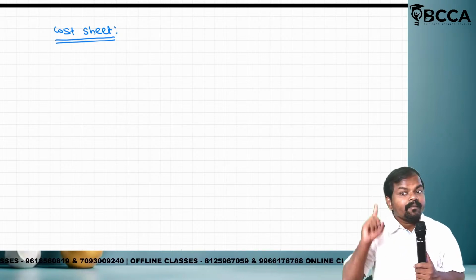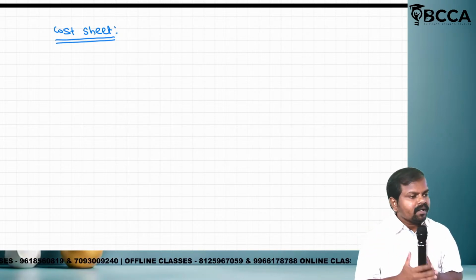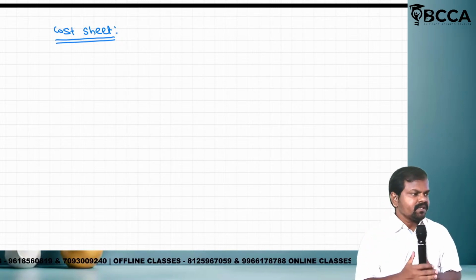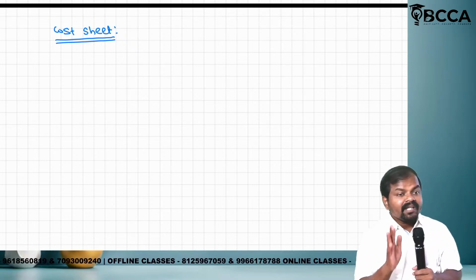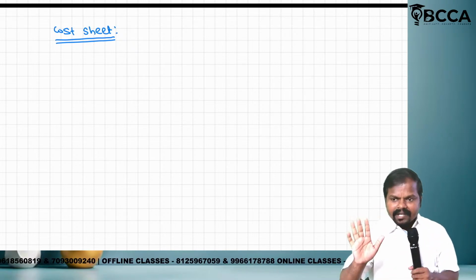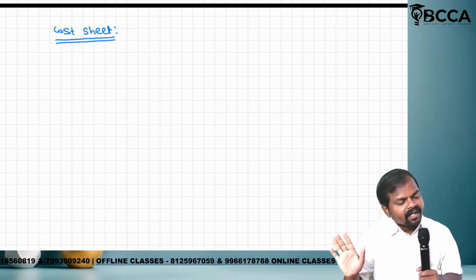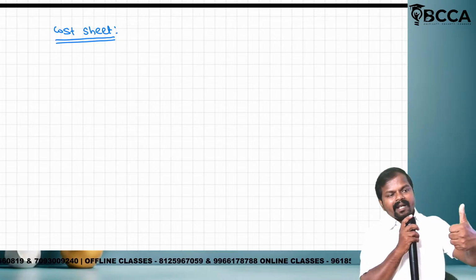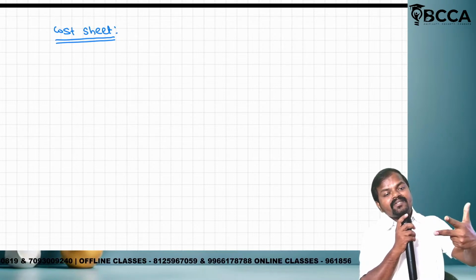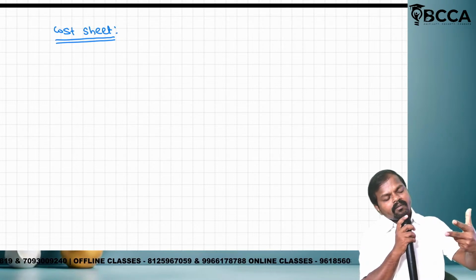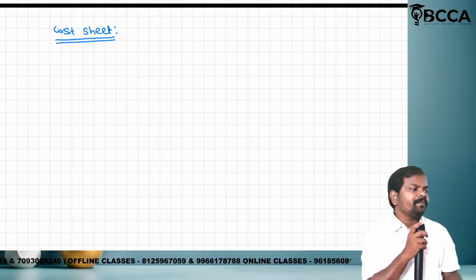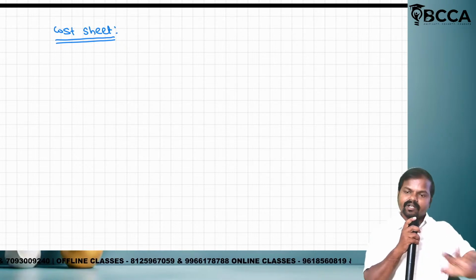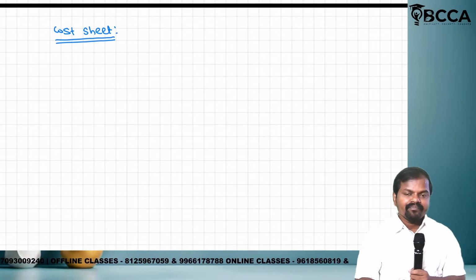It will be discussed under the marginal costing chapter: break-even point analysis, margin of safety analysis, PV ratio analysis. There are four objectives to draft a cost sheet. Till now clear? Excellent.